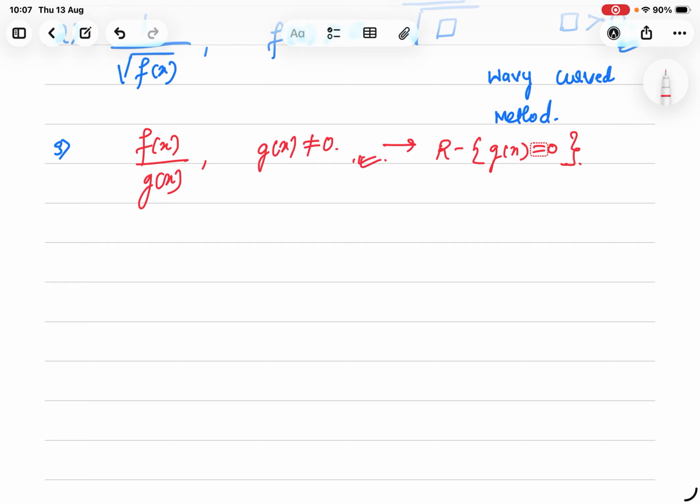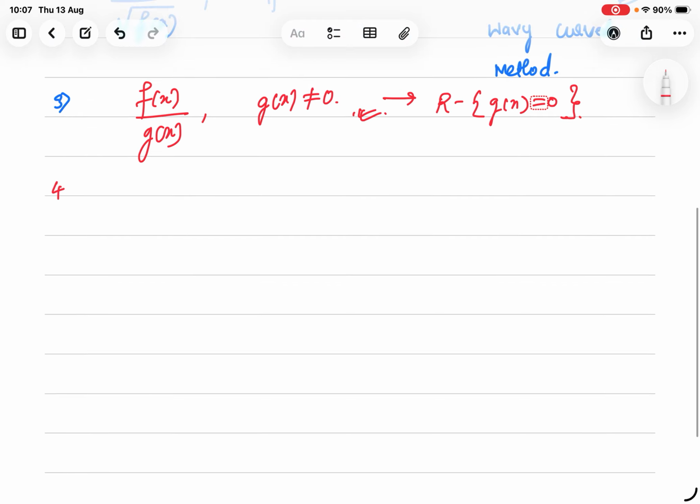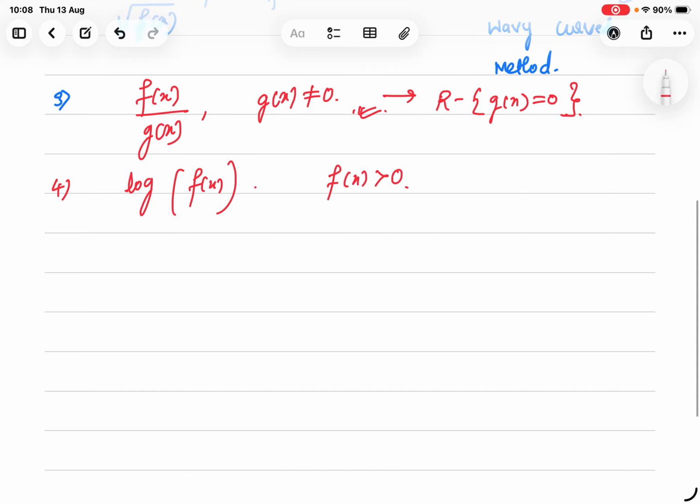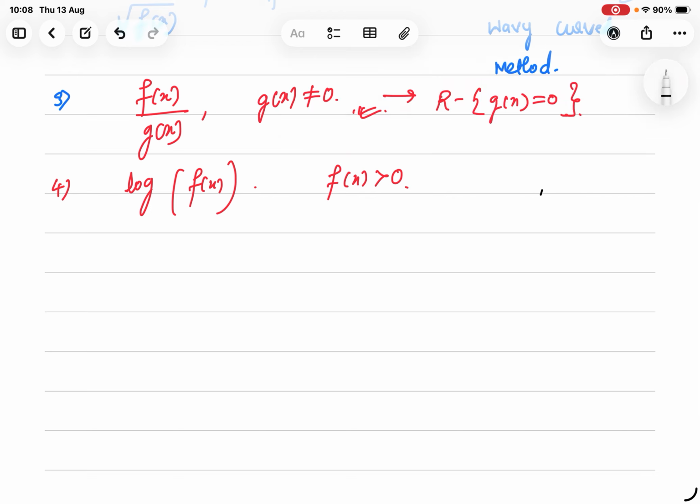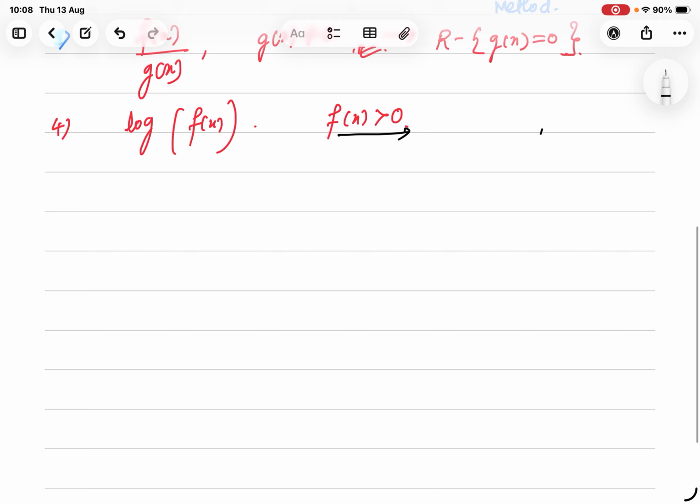And what about the logarithmic function? If the function contains log of f of x, then f of x is strictly greater than 0, because this function will be defined for all positive real numbers.